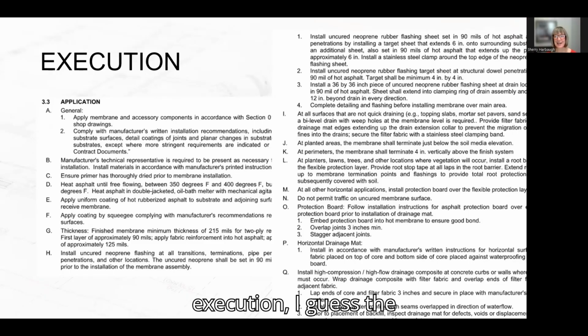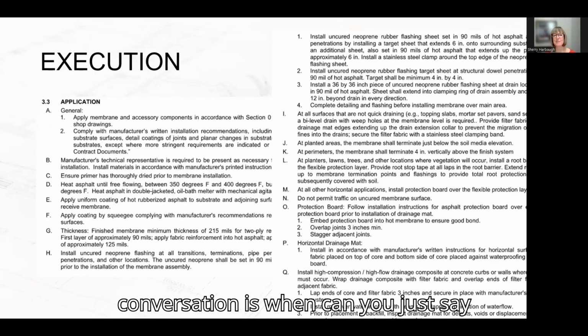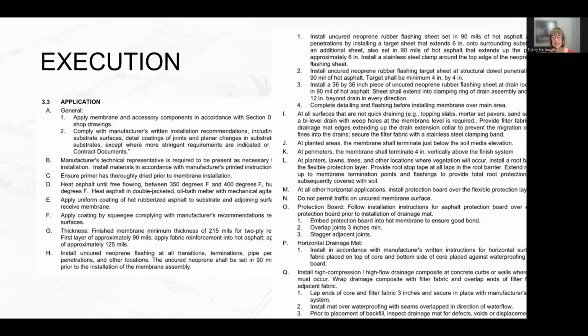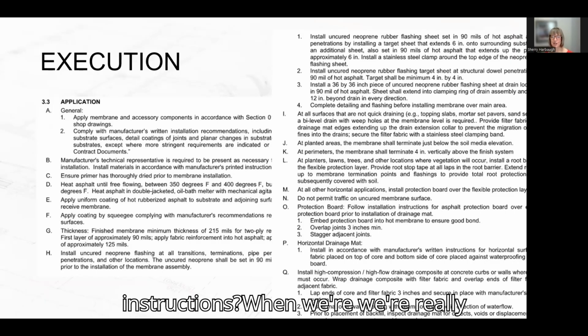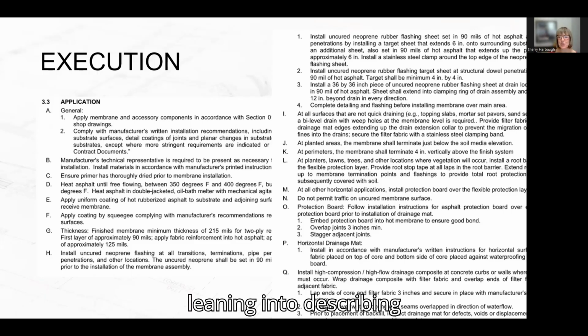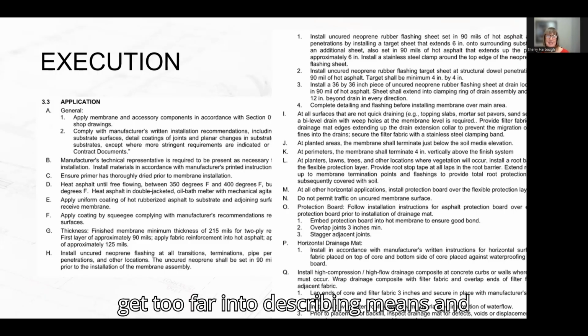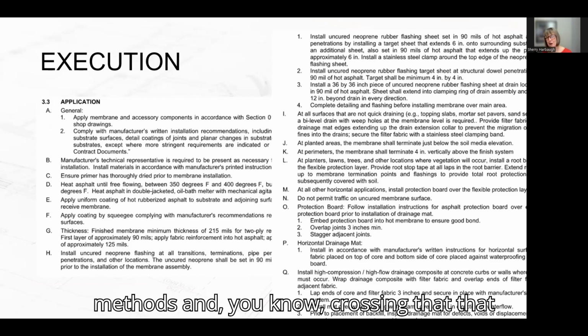For execution, I guess the conversation is: when can you just say install in accordance with manufacturer's instructions? When we're really leaning into describing in so much detail, when do we get too far into describing means and methods, and crossing that line?